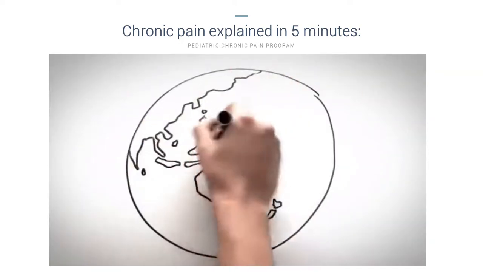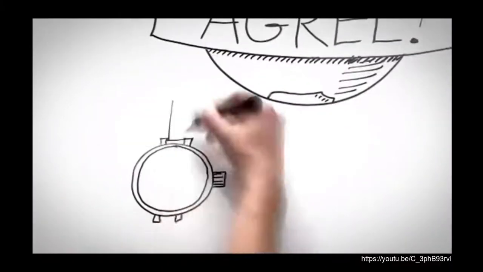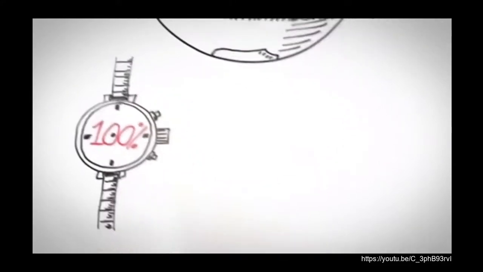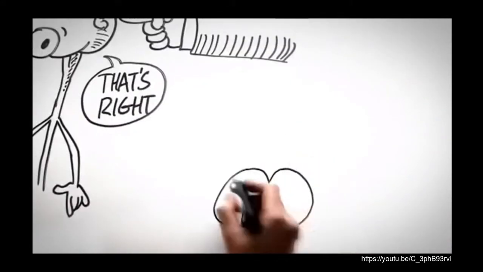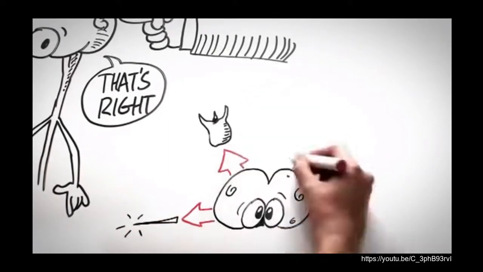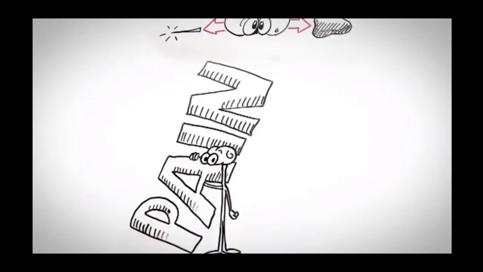Everyone agrees that pain is a universal human experience. We now know that pain is 100% of the time produced by the brain. This includes all pain, no matter how it feels, sharp, dull, strong or mild, and no matter how long you've had it. You might have had it for a few weeks or months.